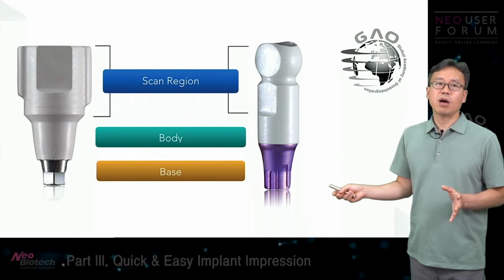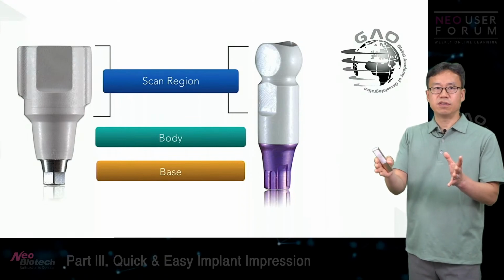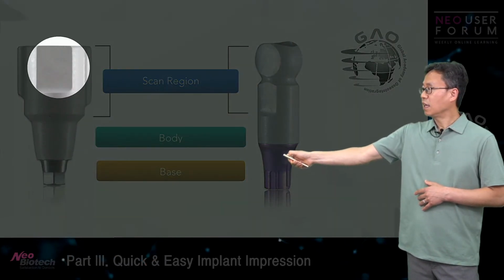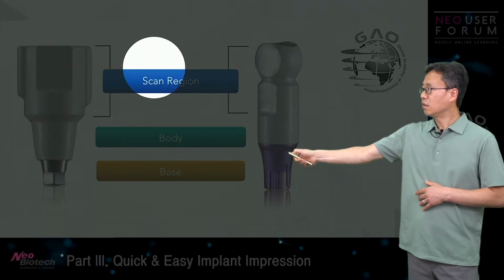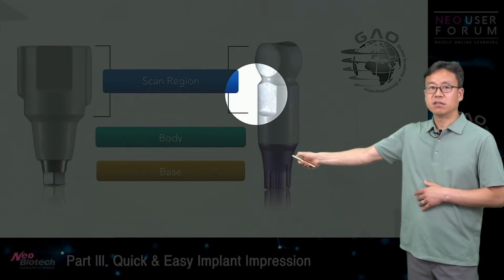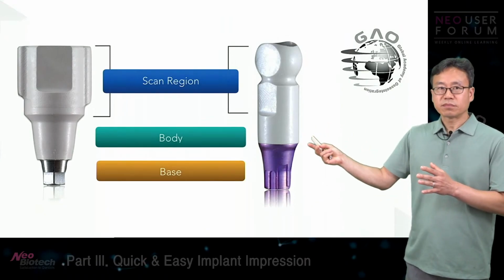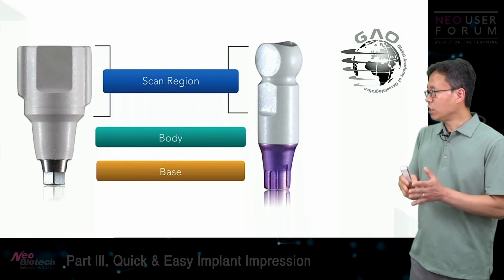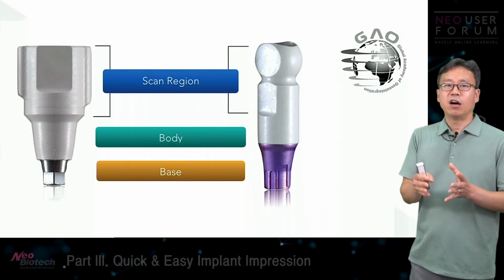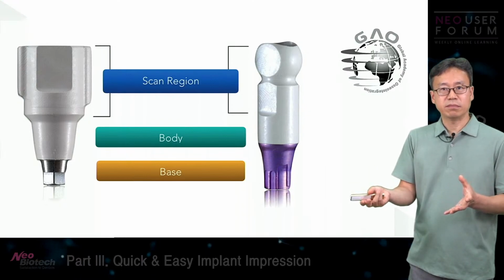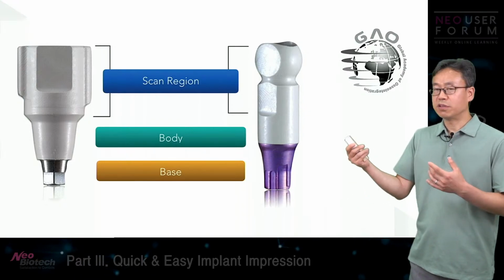Each scanning abutment has a portion called the scan region, like this area or this area. This scan region determines the three-dimensional position of implants in the CAD/CAM program or in the scan data.